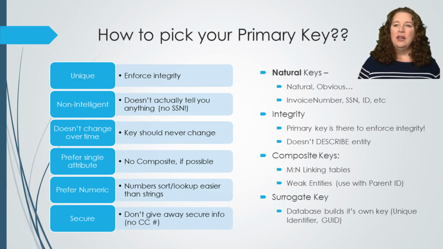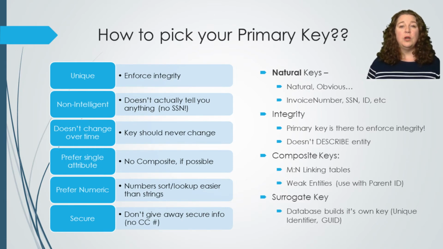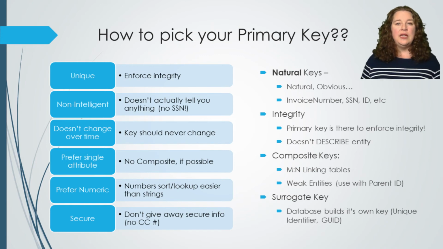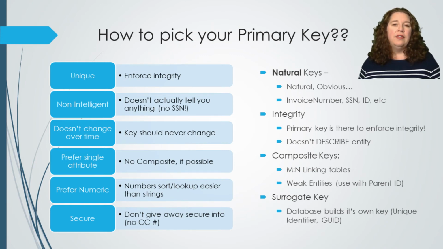It is not something like a social security number or driver's license number, date of birth, anything like that. Even first and last names you really don't want to use because that's someone's name. That might be covered under confidentiality and you may not want to have that as your key. That would be saved and then possibly used throughout to try to find those records. So these are just a couple more things to think about when you're making your primary keys.